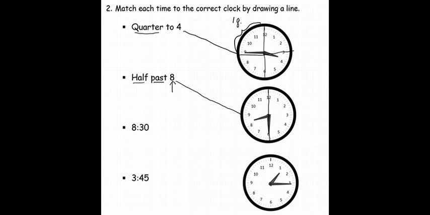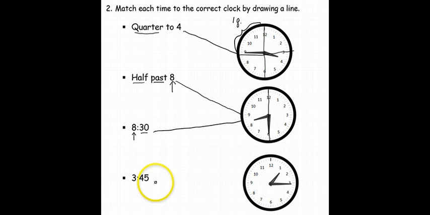The next description is also 8:30. So we know again that our time is going to be after straight up 8 o'clock. 30 minutes is the same thing as halfway around the circle, and so it's going to be the same clock that we just looked at. 8:30 is the same thing as 8:30.